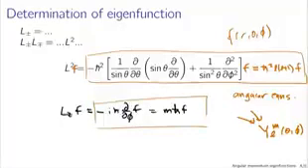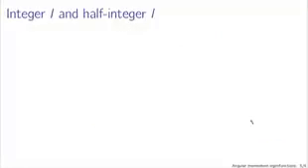There is a slight difference here, and it comes down to the value of L. Essentially, we have two classes of solutions here.